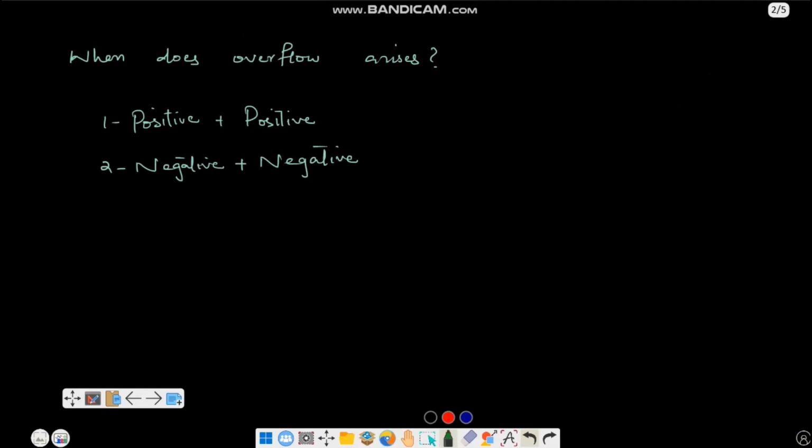Now when does overflow occur? Overflow mostly occurs whenever we are performing addition between two positive numbers or addition between two negative numbers. Let's say I have a register of 5 bits. A 5-bit register can store numbers, if I am using 2's complement, from minus 16 to plus 15.